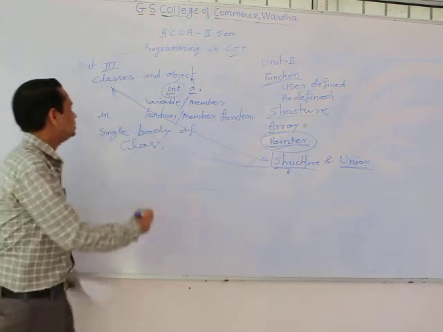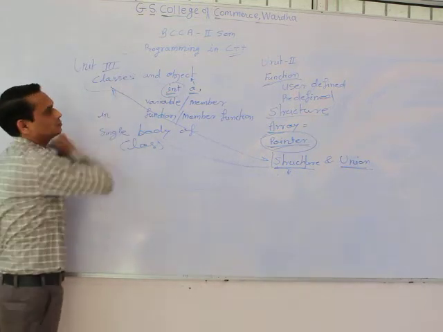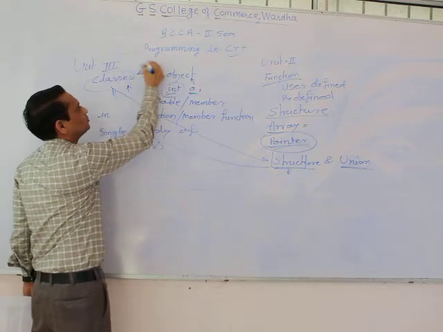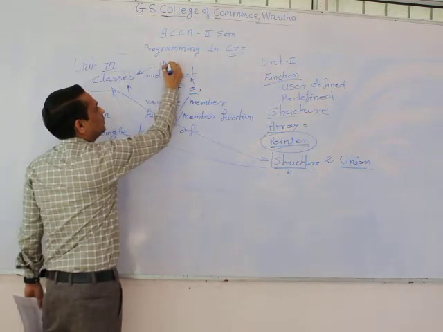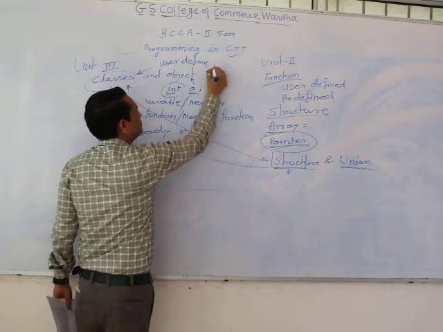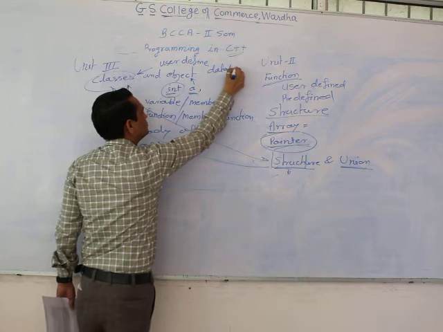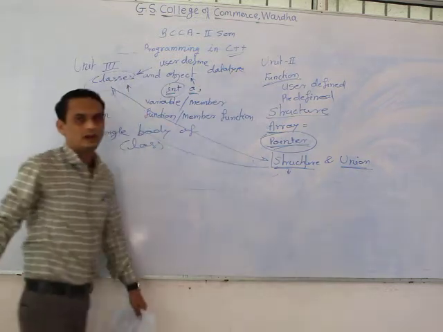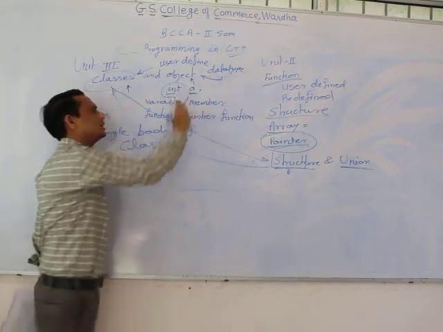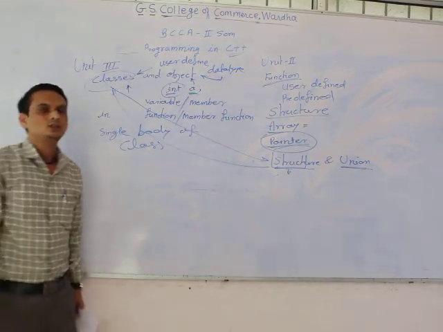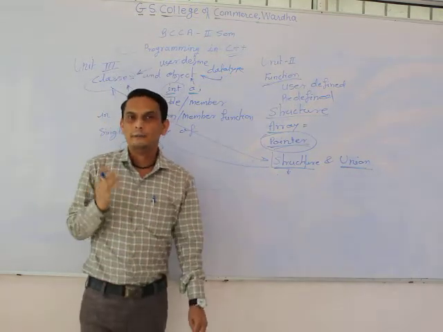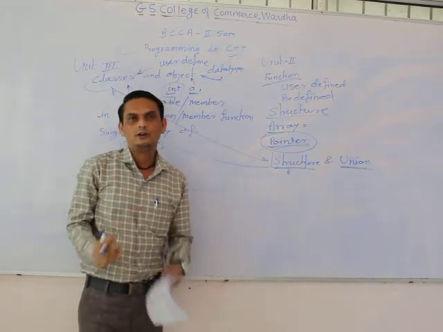So in this way we can declare the class, and the class is also a user-defined data type, and that data type can be used to create an object, and an object is used to access the data members and the member functions of a class.